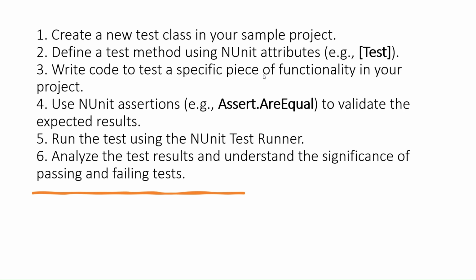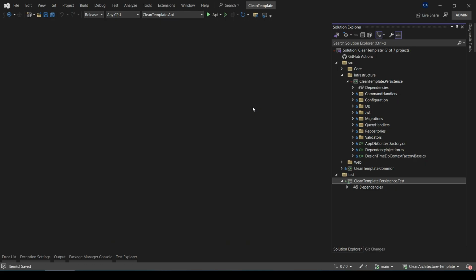Number 4, use NUnit assertion to validate the expected result. 5, run the test using the NUnit test runner. Then the last one, we need to analyze the test result and understand the significance of passing and failing tests. So let's do these steps in a real project and investigate the challenges together.